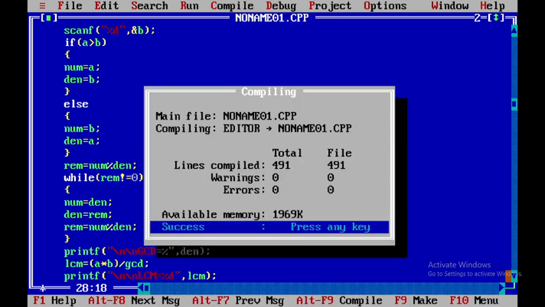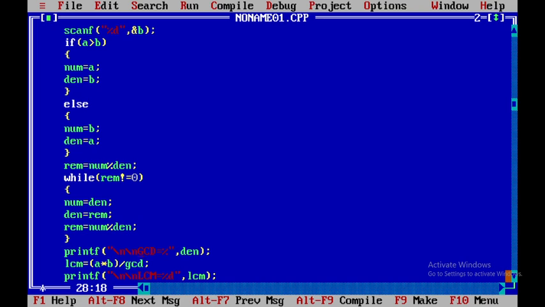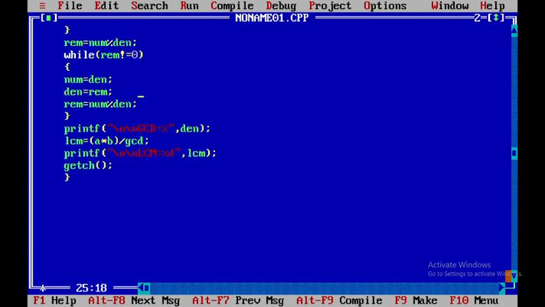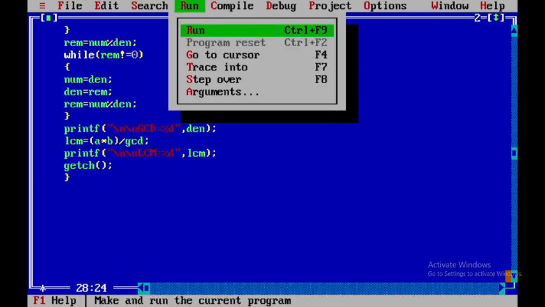So now if we compile here, zero errors. Now if we run, and we take here 12 and 18, the GCD is wrong. So what is the mistake here? Okay, there is one mistake here. Instead of percent d, we printed only the percent sign, so it is percent d. Now if you run, say here 12 and 18, the GCD is 6, and LCM is 0.